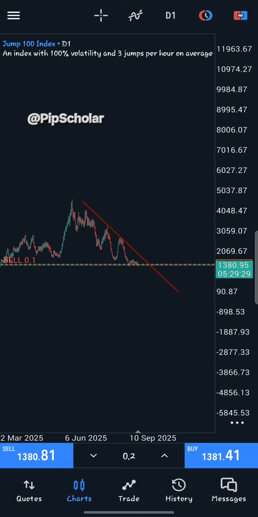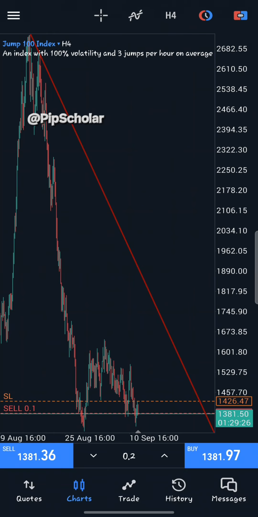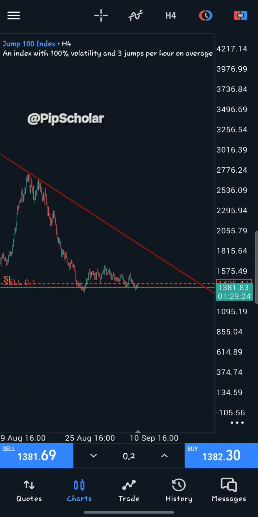I will go down to the 4 hour to see what it is saying. This is the 4 hour and we have another trend here. I will draw my trend line starting from this place to this point, with 1, 2, 3 touches. Now we'll go to the 1 hour.